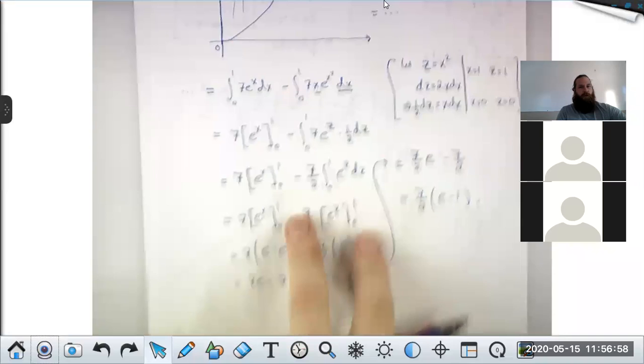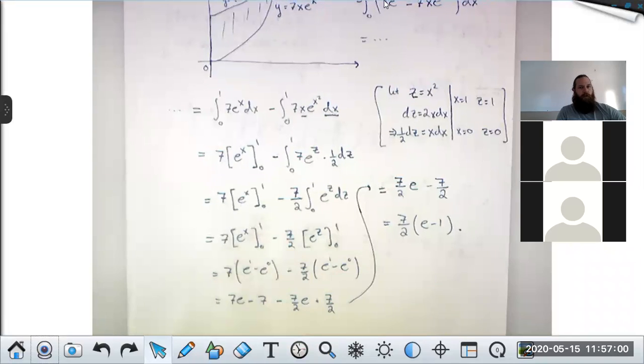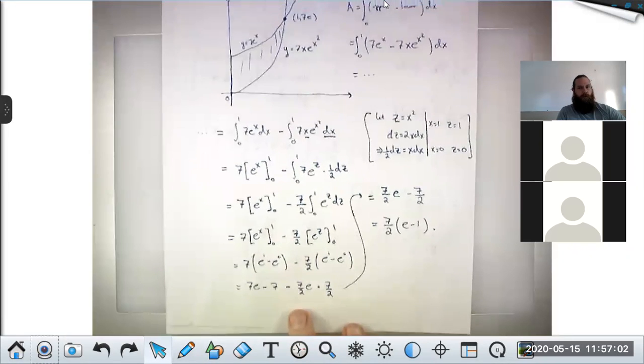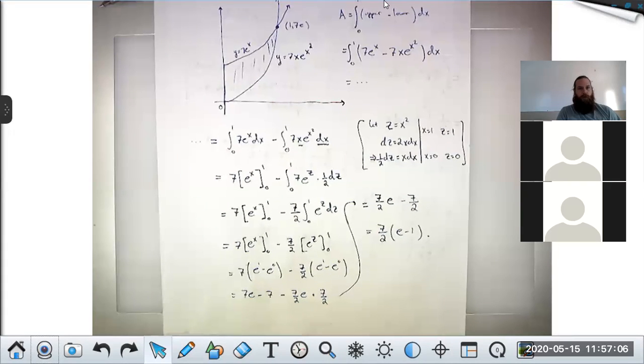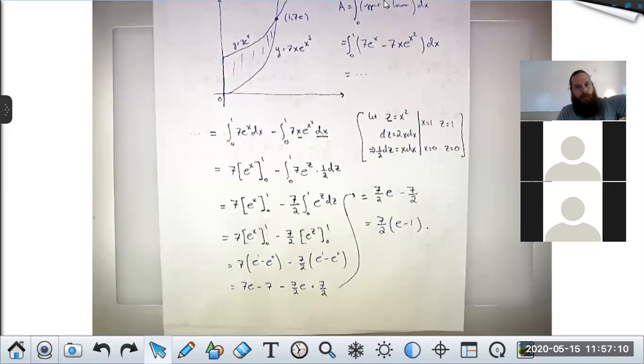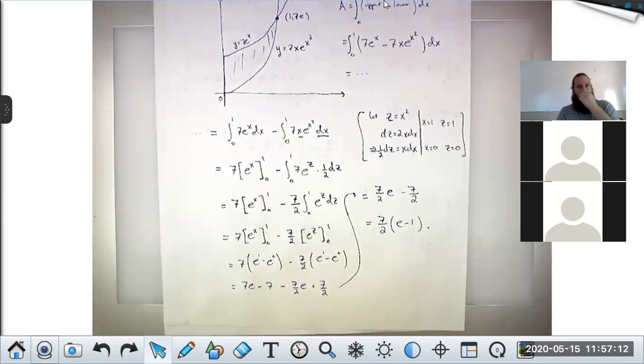Questions on this guy, or comments, thoughts, anything? Not too bad, right? The integration here isn't too bad. We have to remember the setup, and then we had a little u sub in one of the integrals.